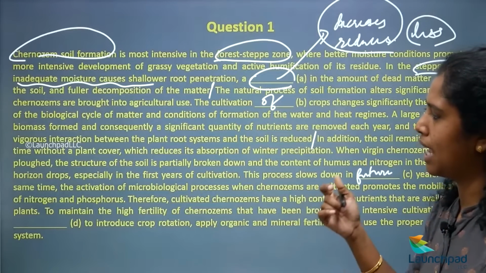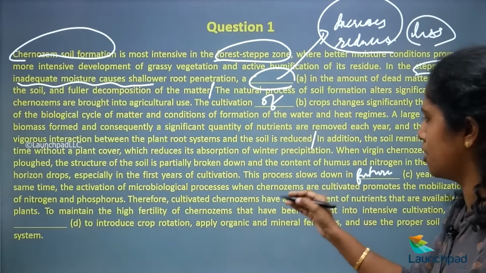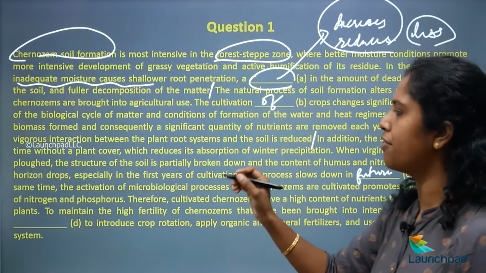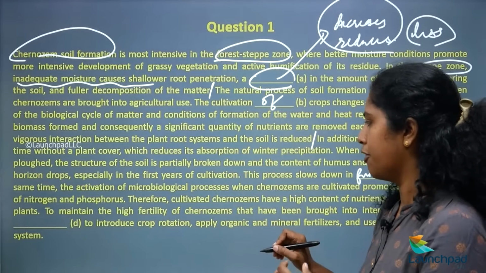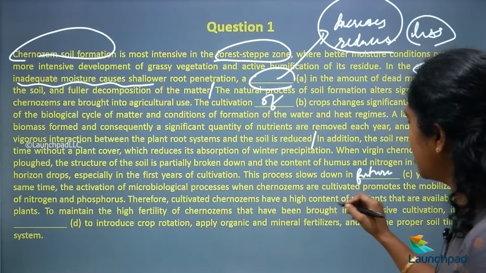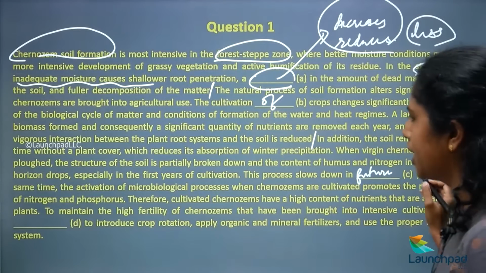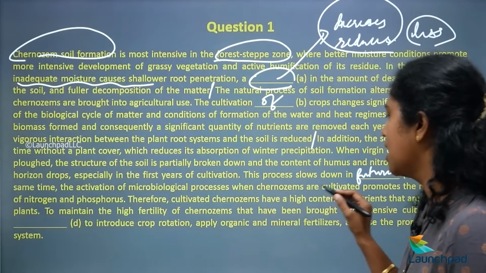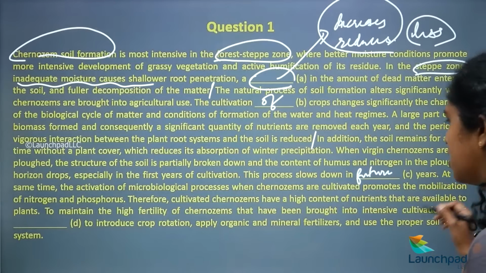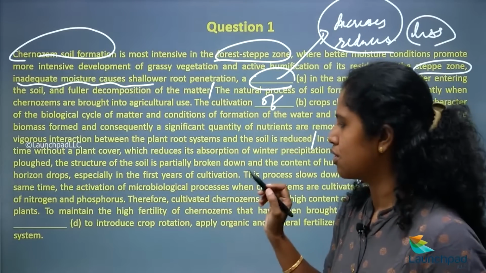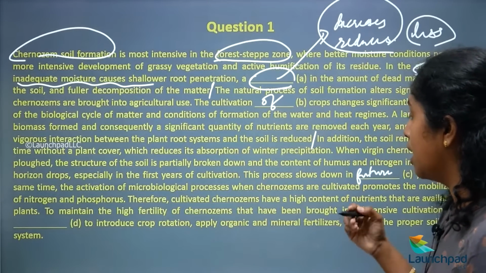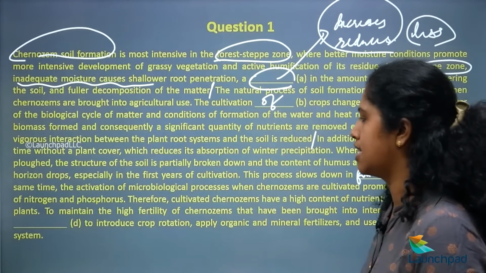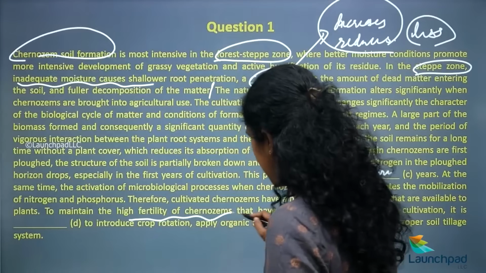At the same time, the activation of microbiological processes when Chernozems are cultivated promotes the mobilization of nitrogen and phosphorus. Therefore, cultivated Chernozems have a high content of nutrients that are available to plants. Yes, so to maintain the high fertility of Chernozems that have been brought into intensive cultivation, it is dash to introduce crop rotation, apply organic and mineral fertilizers, and use a proper soil tillage system, so to maintain high fertility.